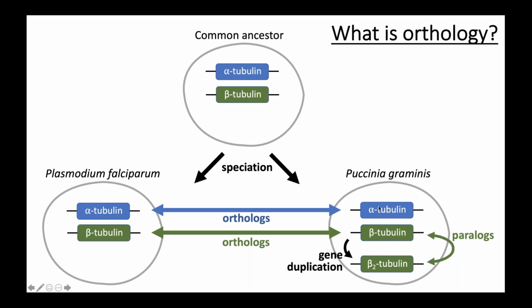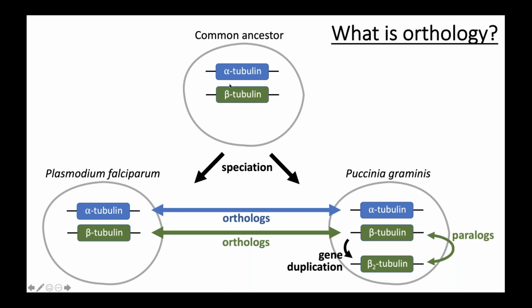So maybe back in the common ancestor, back in evolutionary time, there's this one species that has beta tubulin and alpha tubulin, and this beta tubulin was formed by a gene duplication, and that would be considered a paralog.